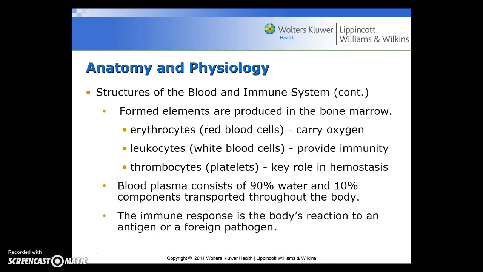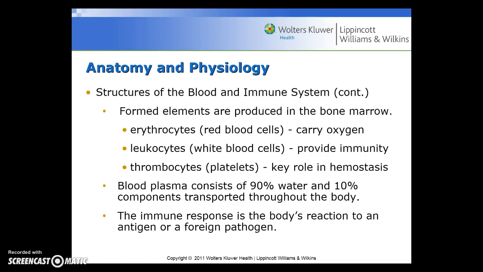So let's talk about the structures of the blood and the immune system. When we talk about the formed elements that are produced in the bone marrow, we talk about erythrocytes, which are red blood cells. Their function is to carry oxygen. Leukocytes, which are white blood cells. Their function is to provide immunity.